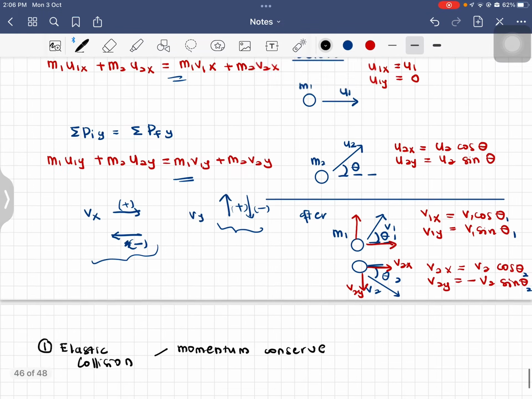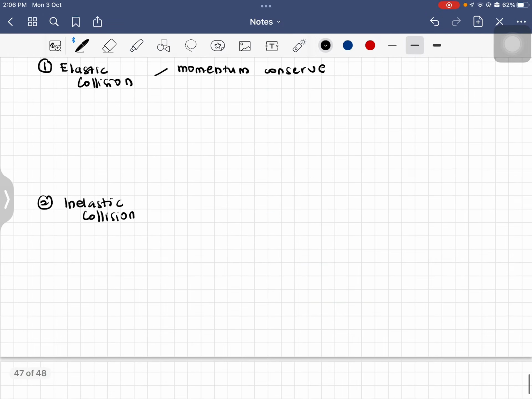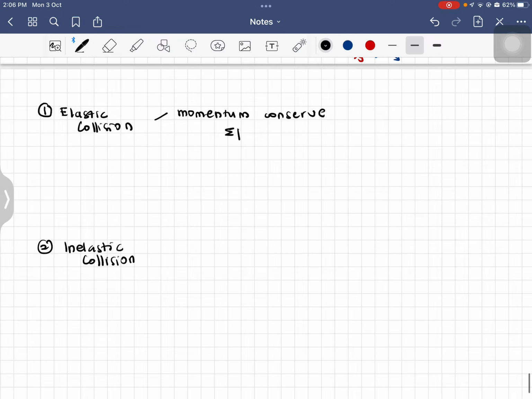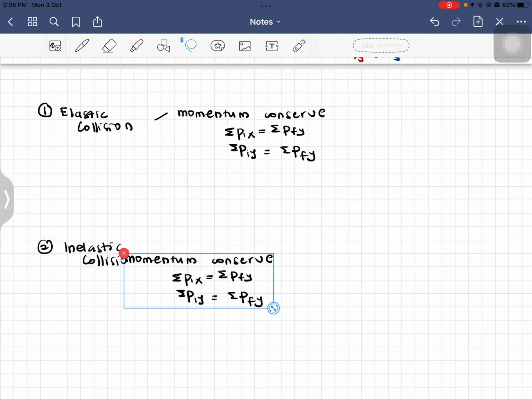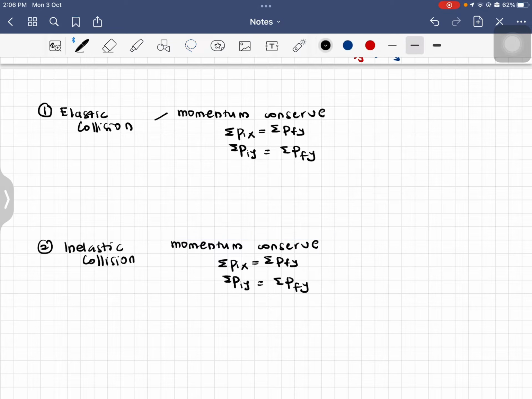So you will have both ni lah. Yang ni semua you akan ada summation of Pi X sama dengan summation of Pf X, and summation of P initial Y sama dengan summation of P final Y. Okay, momentum is conserved for elastic and for inelastic. Both akan ada this rule lah. Okay, for elastic, dia punya kinetic energy is conserved.